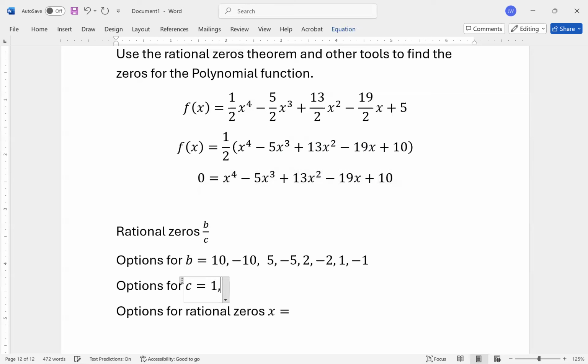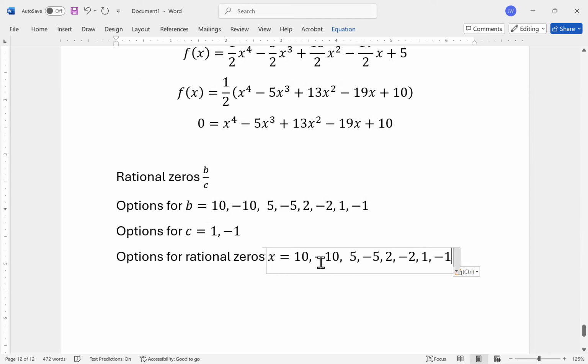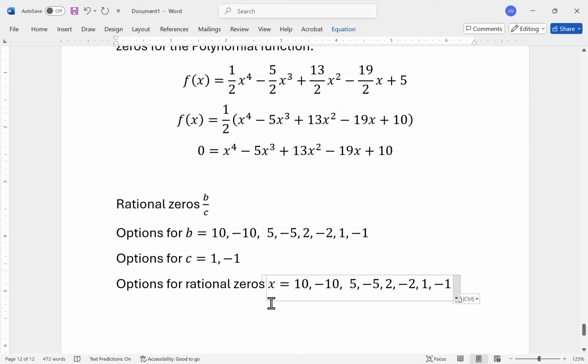So that means either 1 or -1. Again, if you have more options, then this can become a lot of options, but essentially I get 10, -10, 5, -5, 2, -2, 1, and -1 as my options for rational zeros.